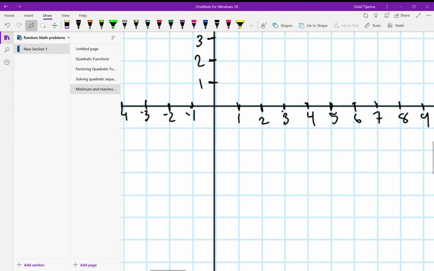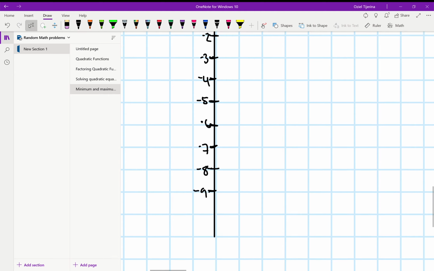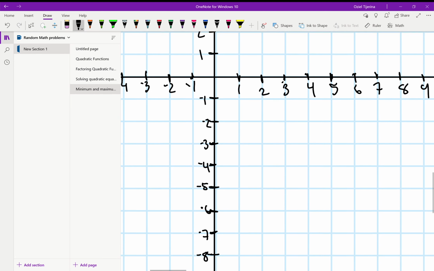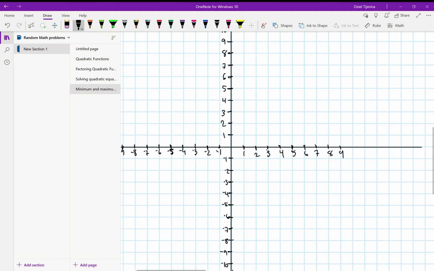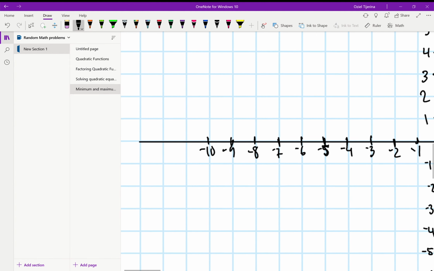And this side will be negative 1 through negative 10 as well.